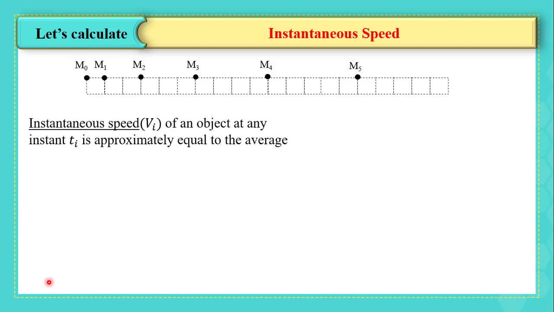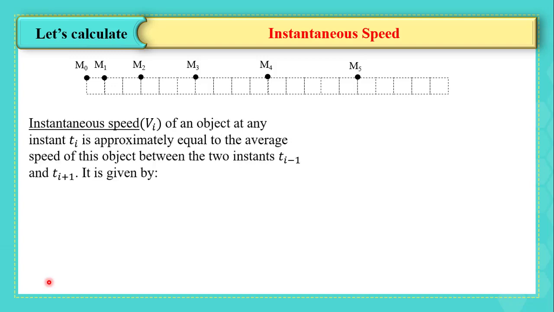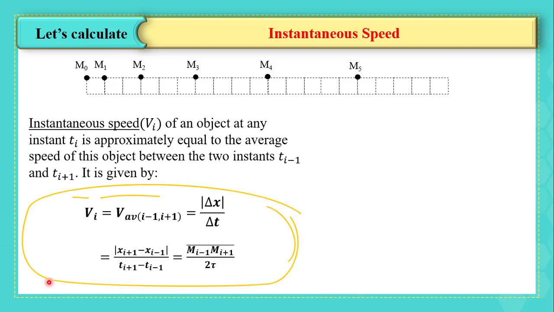The instantaneous speed Vi of an object at any instant ti is approximately equal to the average speed of this object between the two instants ti minus 1, the instant directly before it, and ti plus 1, the instant directly after it. It is given by Vi equal to V average of i minus 1 and i plus 1, which is equal to the absolute value of delta x divided by delta t.